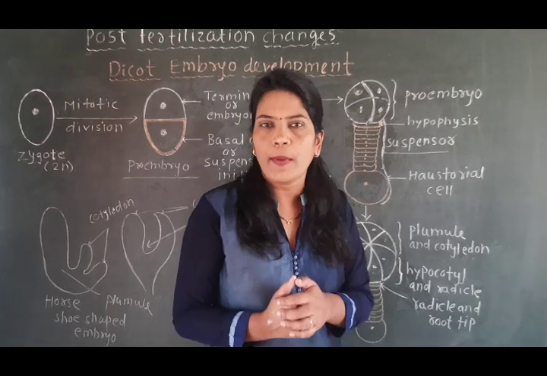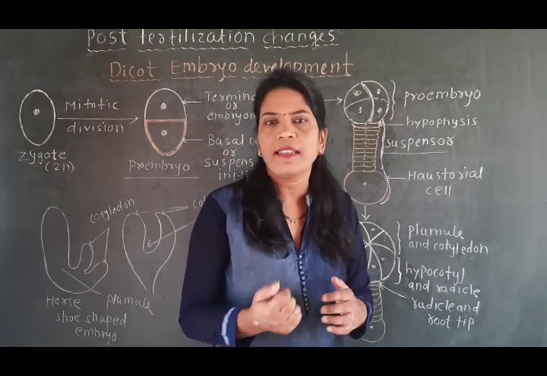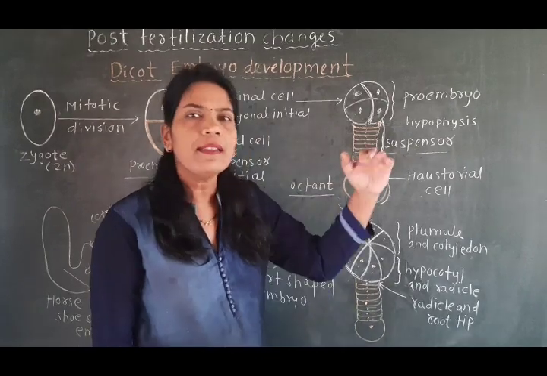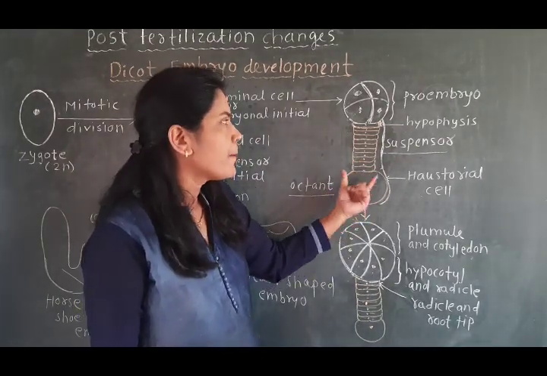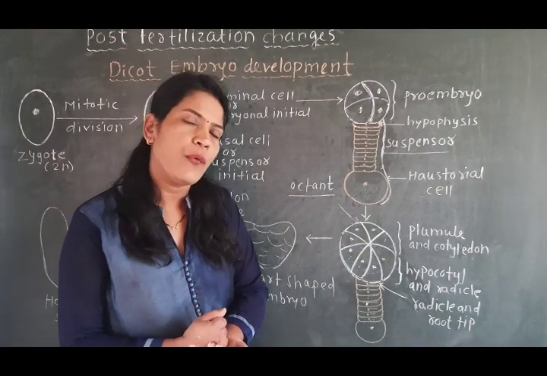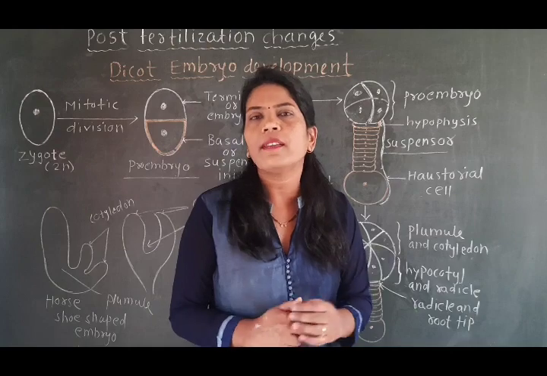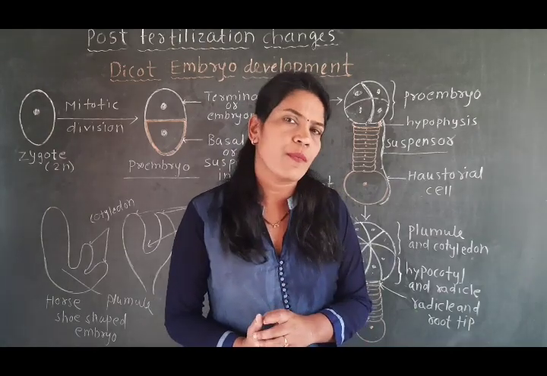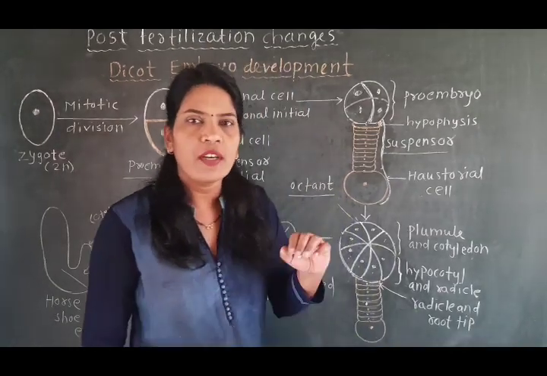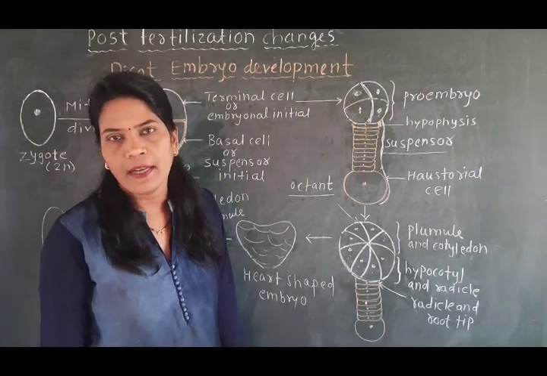Throughout the development of the embryo, the endosperm provides nutrition to it. That's why the suspensor pushes the embryo toward the endosperm, and the embryo develops well because it gets maximum nutrition from the endosperm.